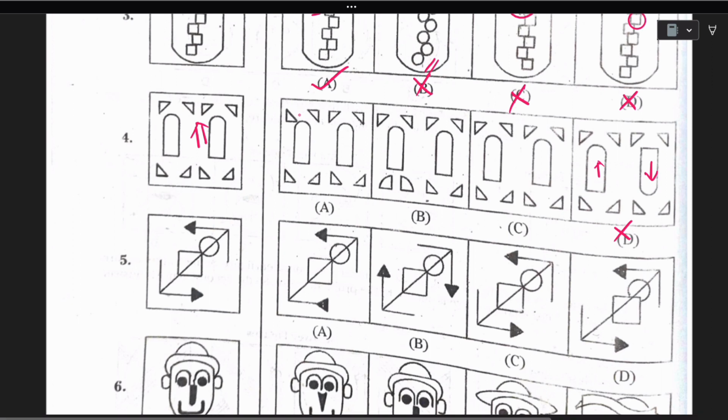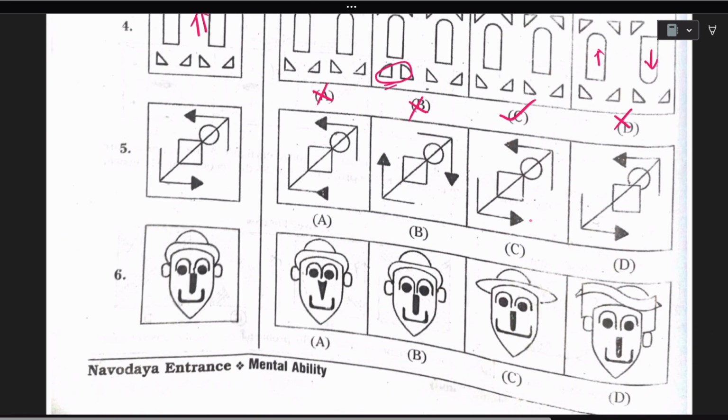Actually this triangle should be inside, but it is in the other direction, so we will be eliminating A also. And then here, two of the circle parts are there, but it is not supposed to be, because here we need triangles, right? It is also eliminated. So finally check whether C is the same as 4 or not. Yes, it is the same, so we will be selecting C as our correct answer.